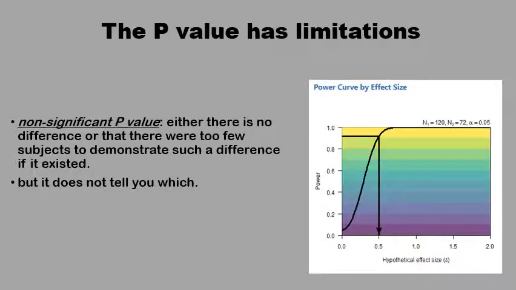So that's one limitation of presenting results in the form of a p-value. If the p-value is non-significant, we really don't know whether there is actually no difference in the rate of recurrence between males and females, or that we had too few patients to demonstrate a real difference.